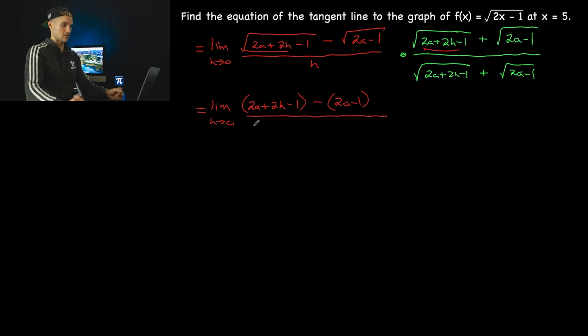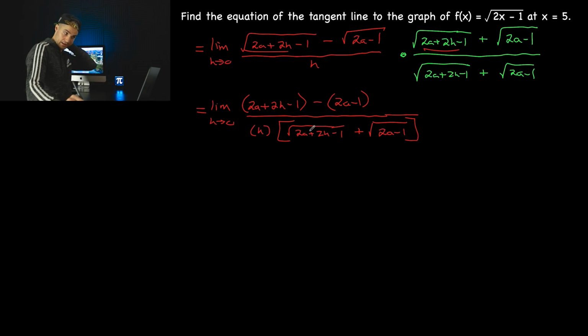And that's going to be all over h times root 2a plus 2h minus 1 plus root 2a minus 1, like that. And then I'm going to distribute the negative inside the bracket.